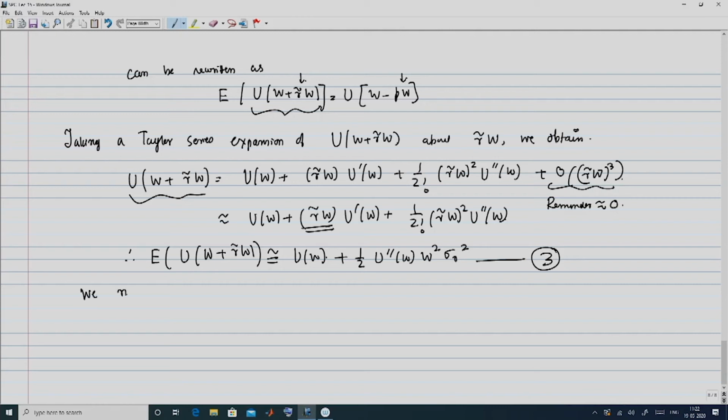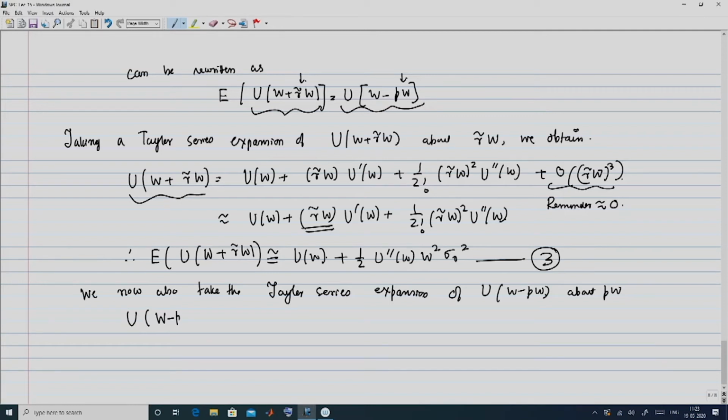We now also take the Taylor series expansion of u of W minus P of W about P of W. We get u of W minus P of W equal to u of W minus P of W into u prime of W plus order of P of W square.